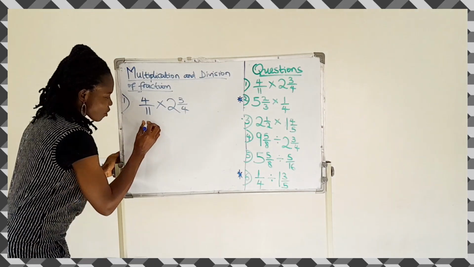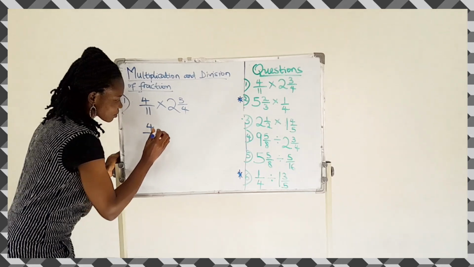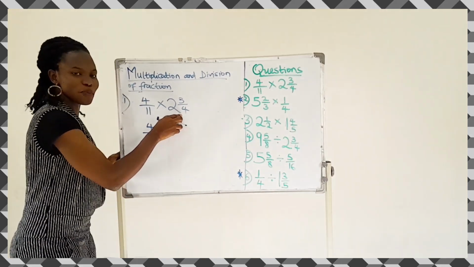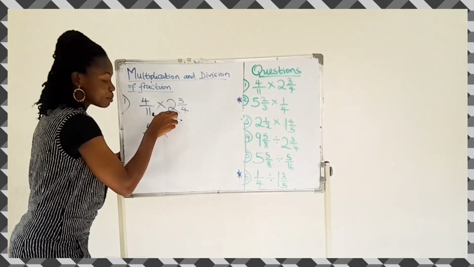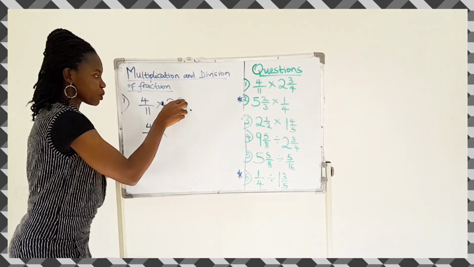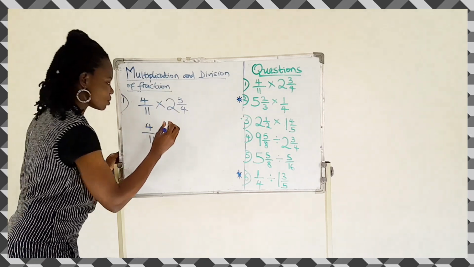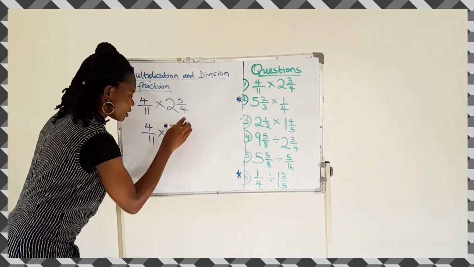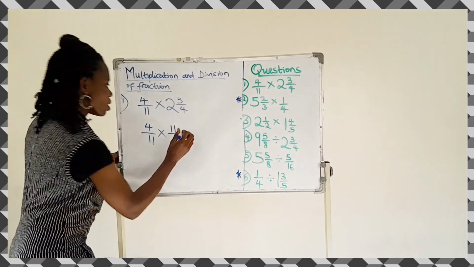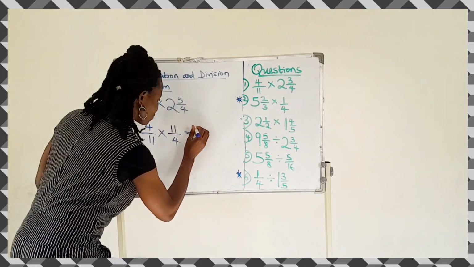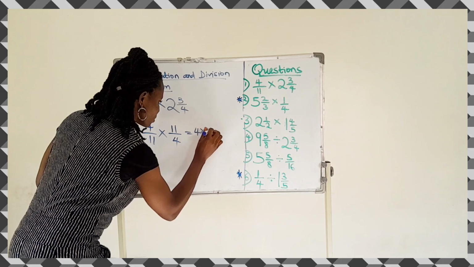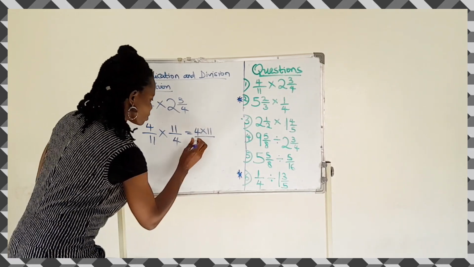So I have 4 over 11 times, what's the improper form of this? How do we change to improper fraction? We do 4 times 2 is 8. 8 plus 3 is 11. So I have 11 over 4. So we multiply out the numerators, 4 times 11, over 11 times 4.